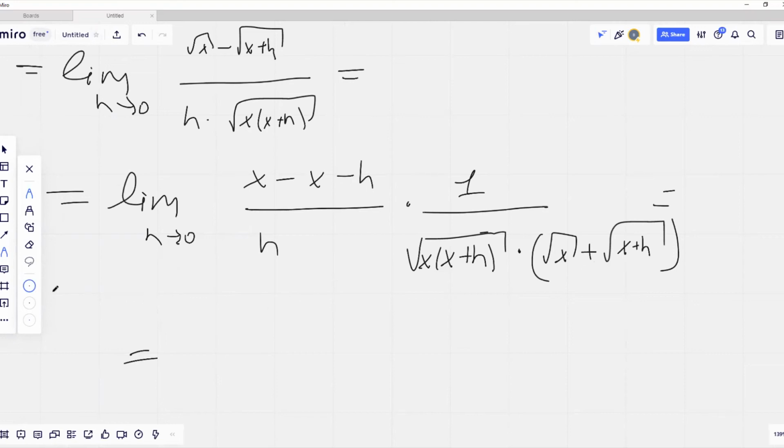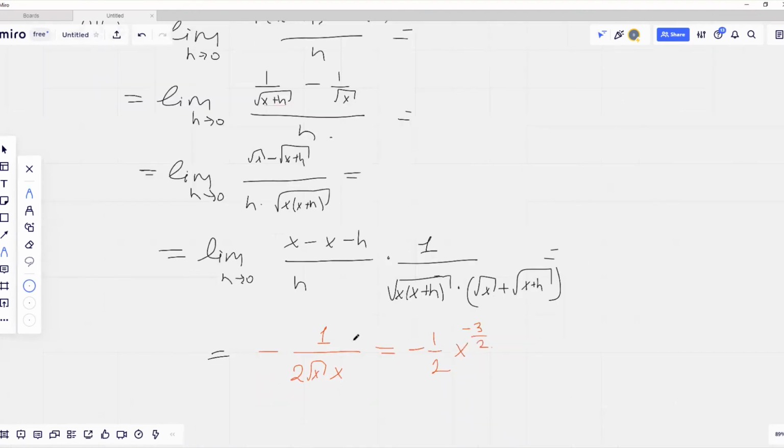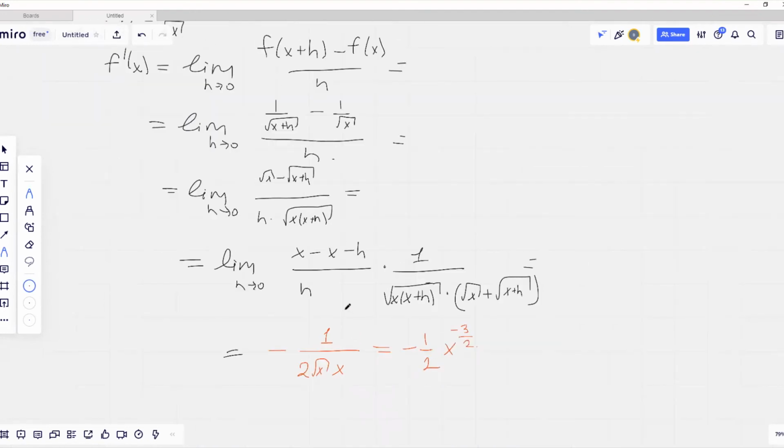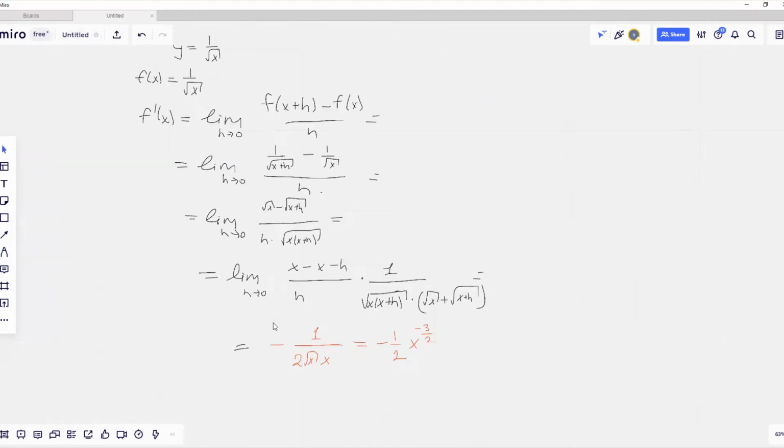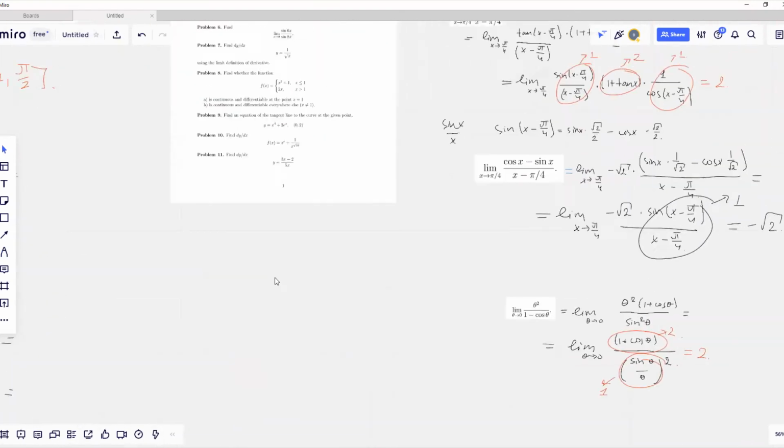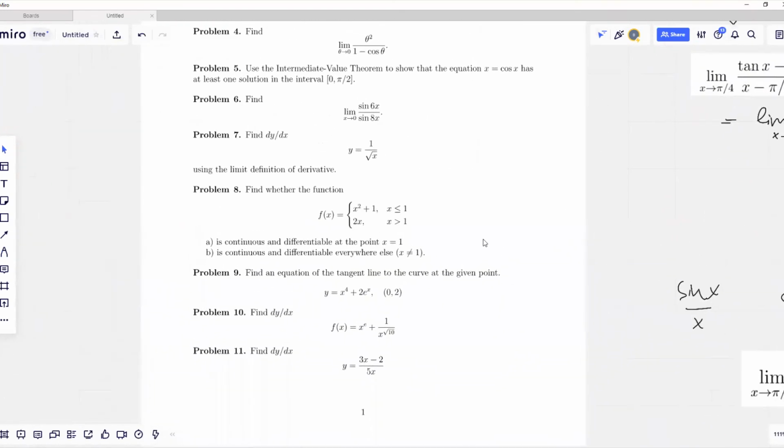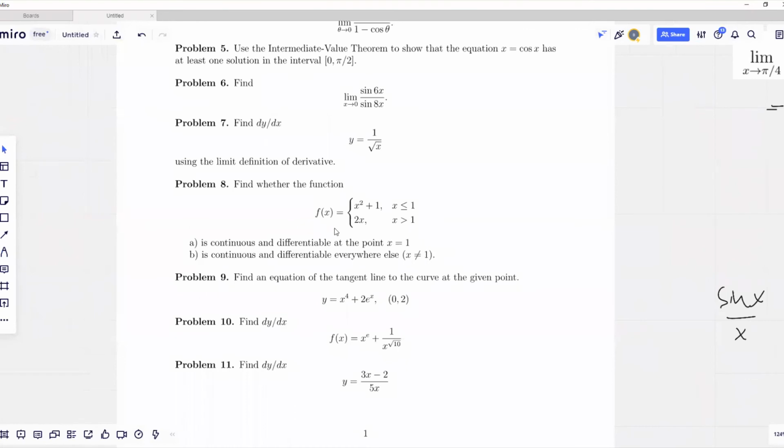So the answer is then minus 1 over 2 root of x, or minus 1 over 2 x to the power of 3 over 2. Okay. All right. Next problem.